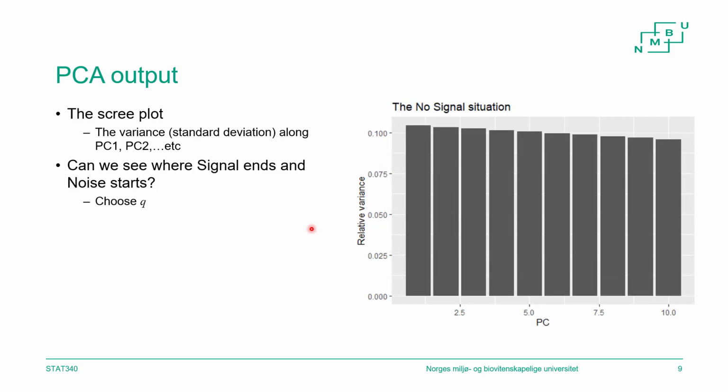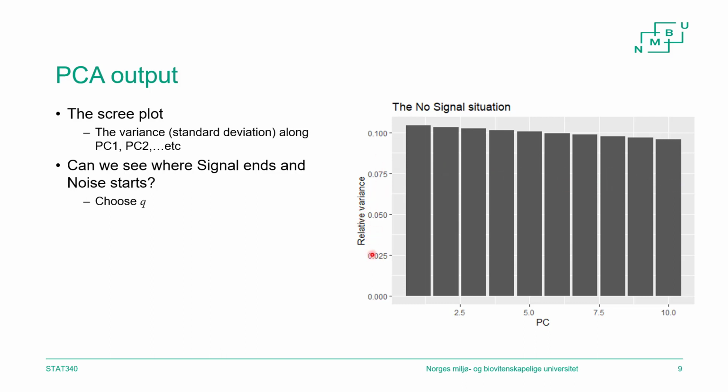Well, this is another situation. Sometimes the scree plot may look like this, and then it's actually no signal at all. Because here you could argue, okay, but aren't all the bars big? Well, no, all the bars are of equal size.